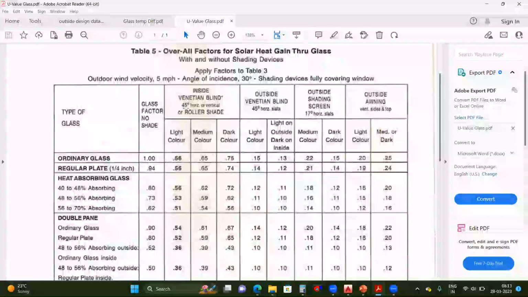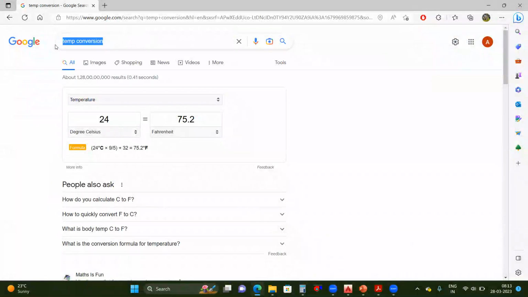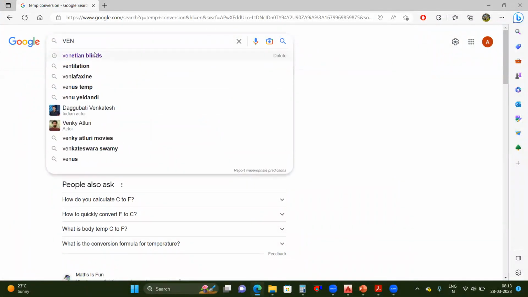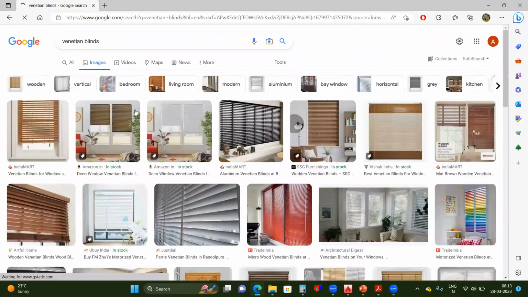Venetian blind means, I will show here. So this is called Venetian blinds. Sometimes we use Venetian blinds for windows also.